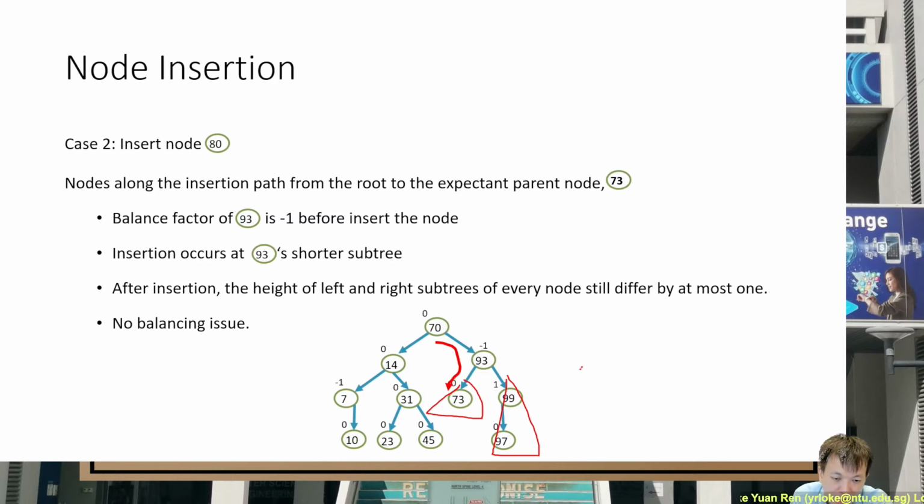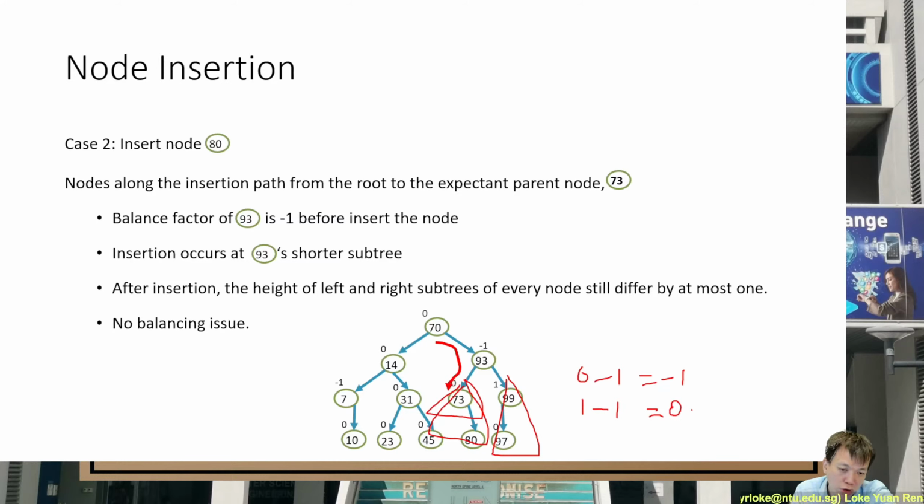So 0 minus 1, which is negative 1. After you insert node 80, you are inserting at the subtree which is shorter than the other subtree. So in that case, after you insert 80, this side will become 1. So 1 minus 1, you get 0.